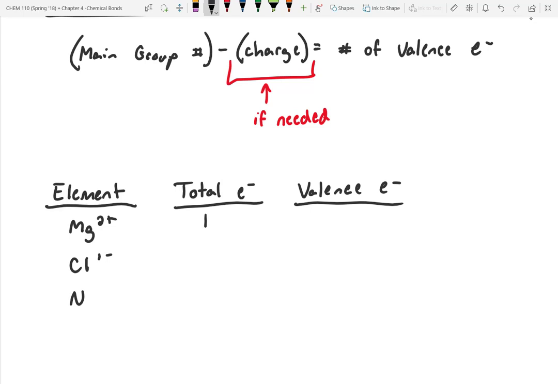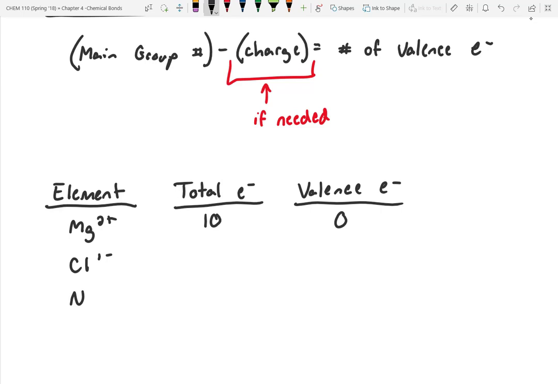That means magnesium would have 10 total electrons. All right, so if you take away 2 electrons, how many valence electrons will it have? 0, right? If we look at magnesium, magnesium's normally in column 2, 2A. If we take away those 2 valence electrons, all of a sudden it has no more valence electrons left. So you can use that as a rough guide.